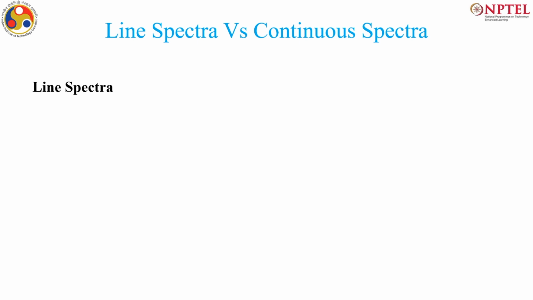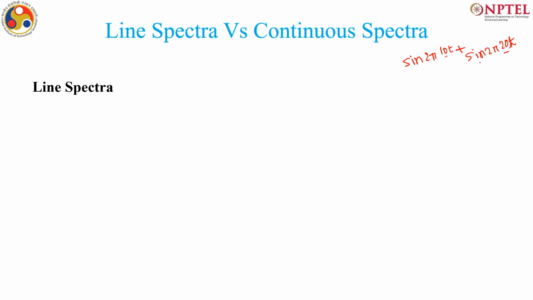Line spectra means suppose I have a signal, say sine 2 pi 10 hertz plus sine 2 pi 20 hertz. In the spectra we can see that these two components are present, and this is a periodic signal, a sum of two sines.